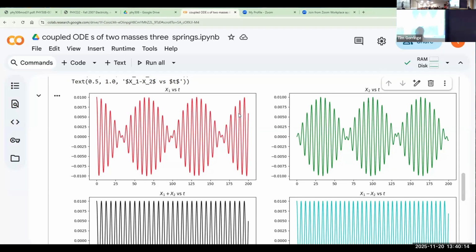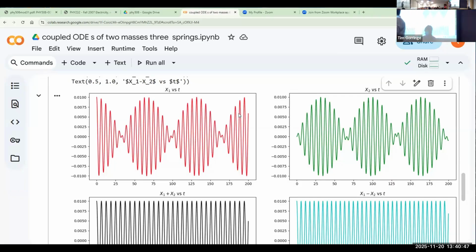We see that with time, through the coupling between the two masses, the amplitude of oscillations of the mass on the left that we initially displaced dies off and actually vanishes at some point here. And in that time interval, the oscillations of the one on the right are increasing with time, and they're maximum at that time.